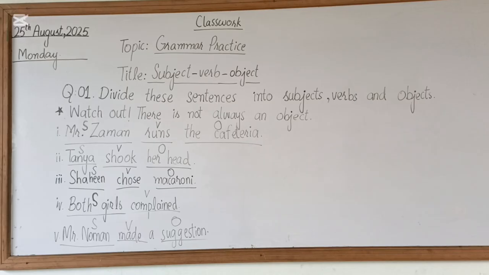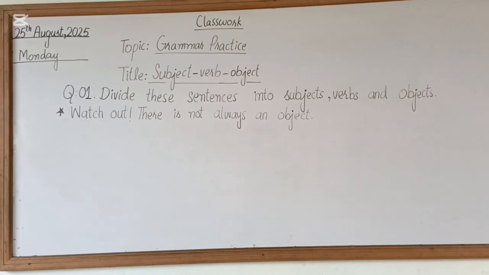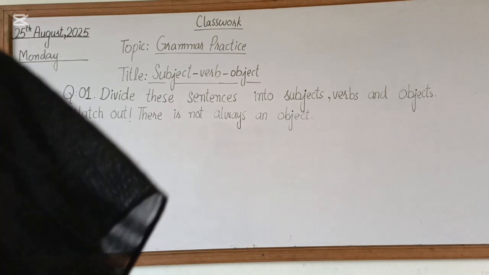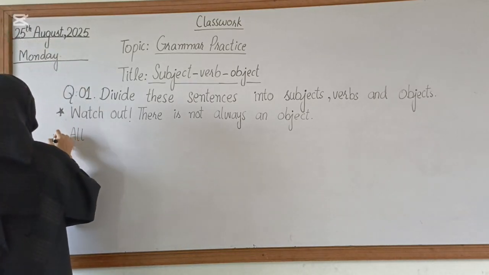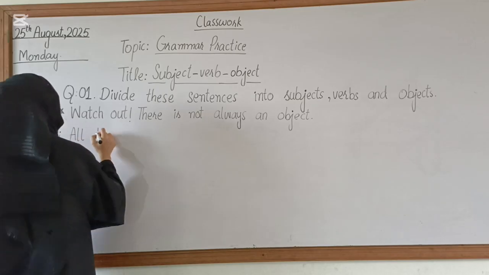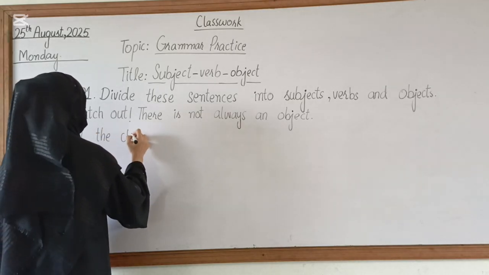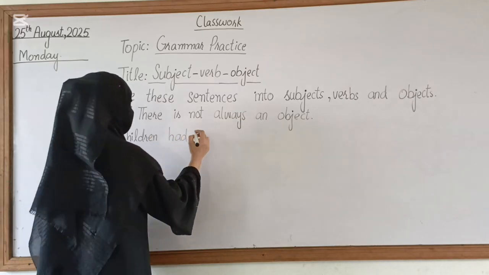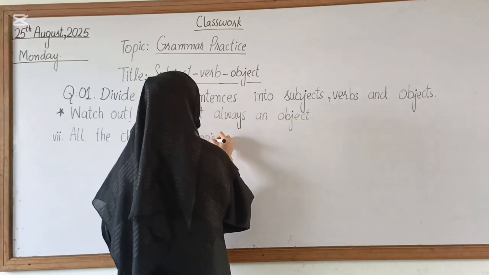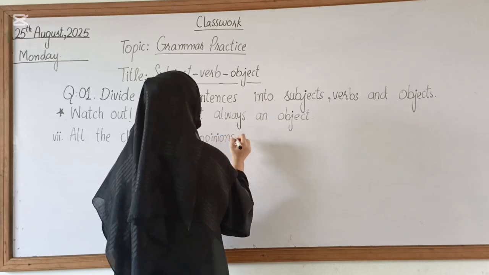Now we will move towards the remaining two sentences. Okay, so the next sentence here is all the children had opinions. So all the children is a plural noun, keep that in your mind. All the children had opinions.